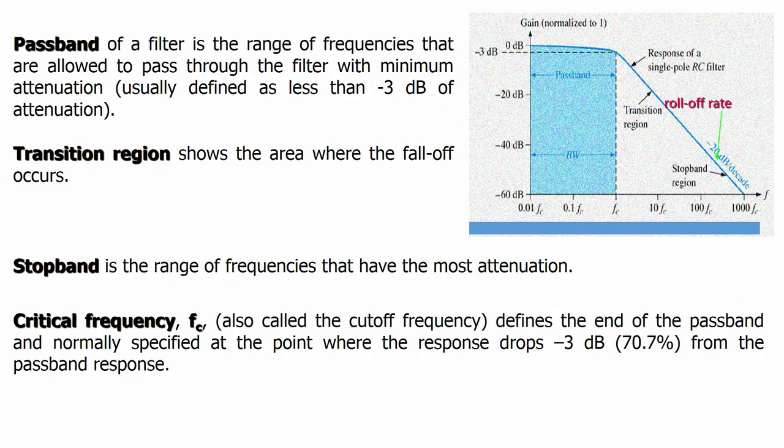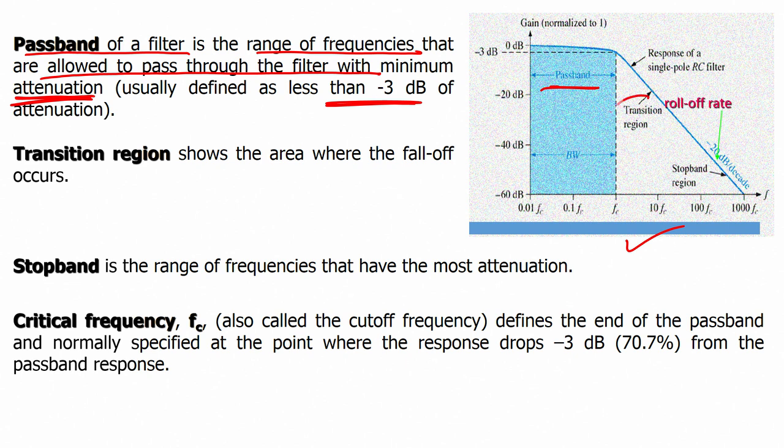Now, this is again the same graph, same plot. So, the pass band of a filter, what is the pass band? This is the pass band. The pass band of a filter is the range of frequencies that are allowed to pass through the filter with minimum attenuation, minimum loss, and usually it is defined as less than minus 3 dB of attenuation.